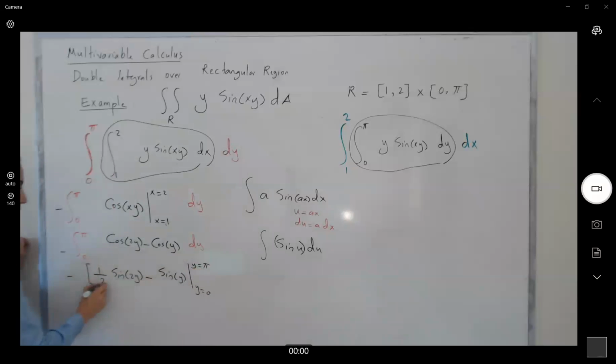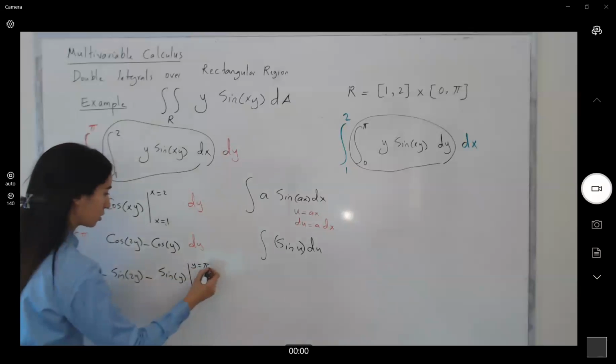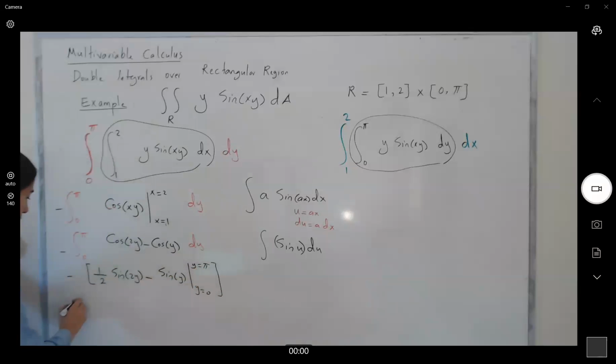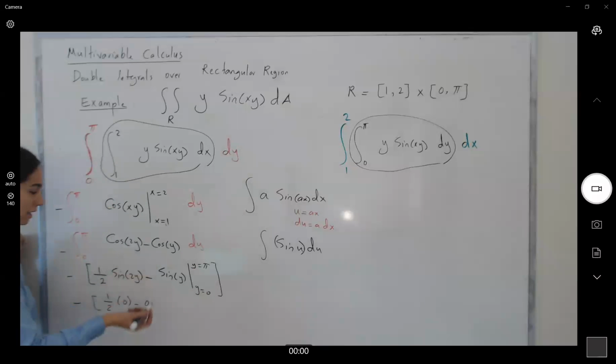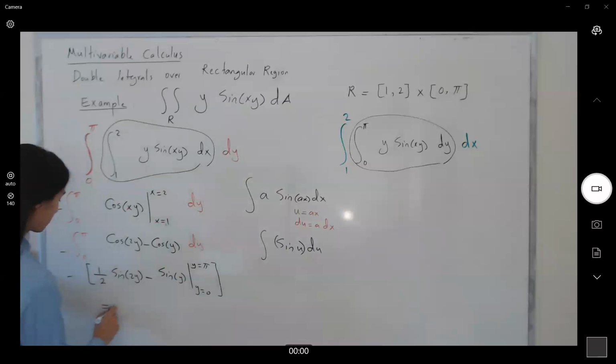Remember that this negative sign stays outside, so I'll just put everything inside brackets. So if I plug in pi here, I get sine of 2 pi, which is 0, minus sine of pi, which is 0, minus if I plug in 0 here again, it's going to be 0, so the outcome is equal to 0.